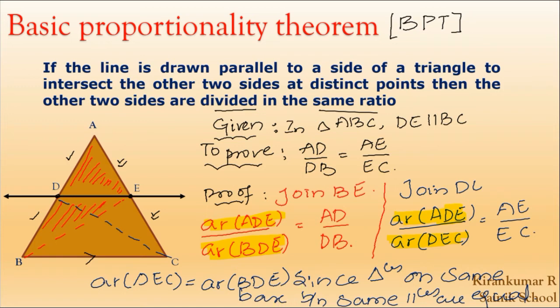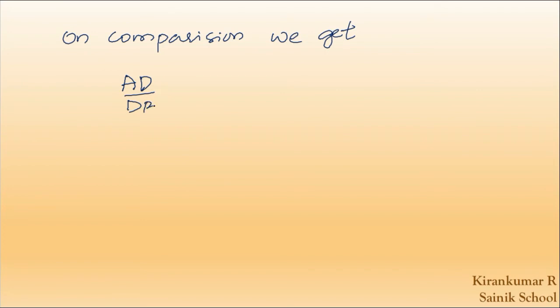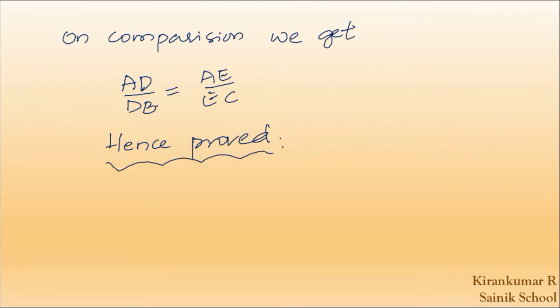So on comparison, we get the ratio AD upon DB equal to the ratio AE upon EC. Hence proved. This theorem is called the basic proportionality theorem.